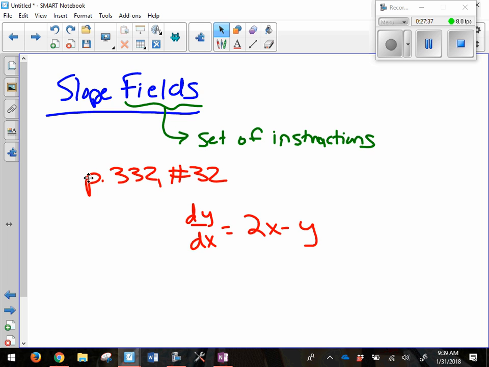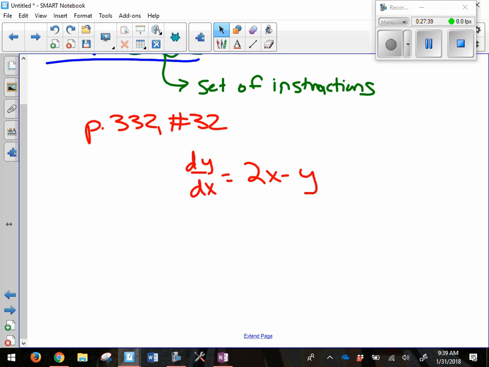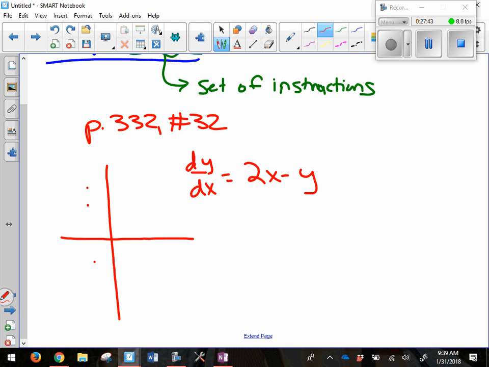And usually when there are problems like this, they're going to give you a grid of points. So here you're going to go from -1 to +2 in x, and from -1 to +2 in y.